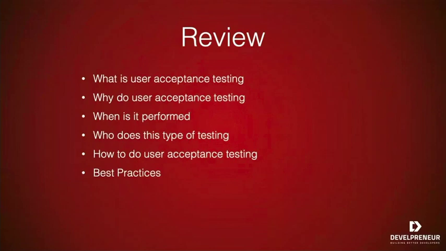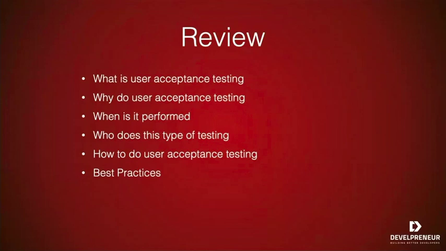All right. So to quickly review, today we covered the different parts of user acceptance testing. We covered what user acceptance testing is, the part of the testing where we're actually getting the end user to test the application for functionality and business requirements.